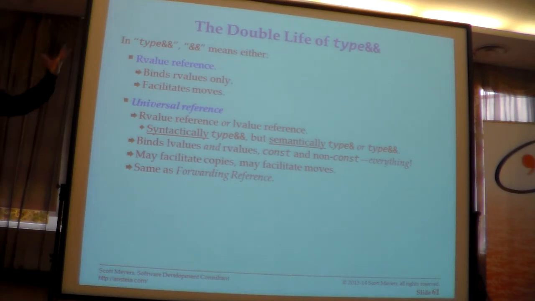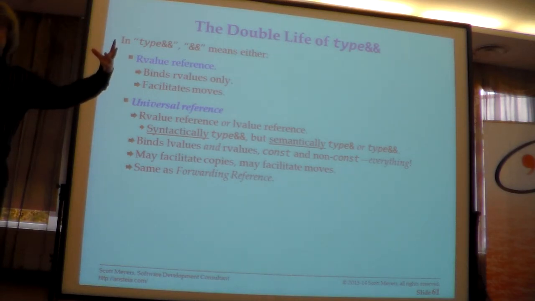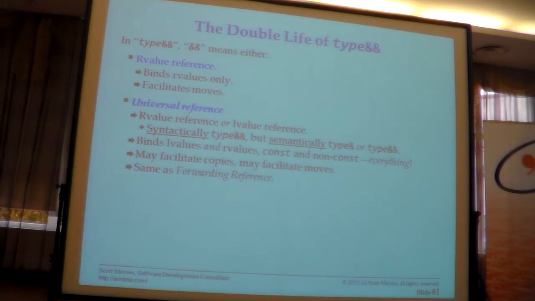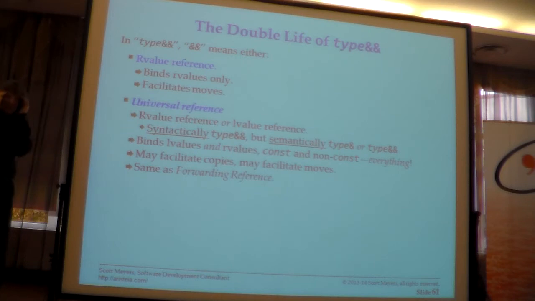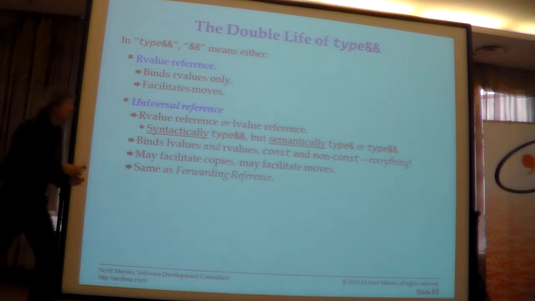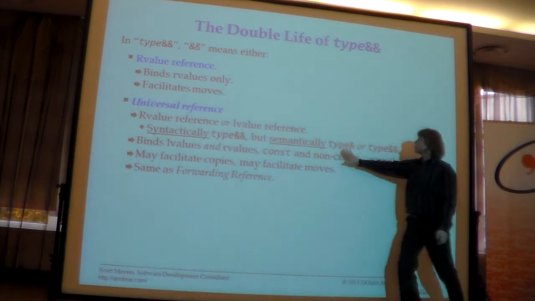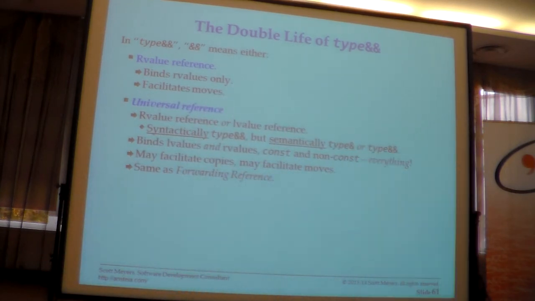But if you see T&&, it might not be an R-value reference. It might be a universal reference. A universal reference is an R-value reference, or it is an L-value reference. It is syntactically T&&, but it might actually, in practice, prove to be a T&. It can go either way.